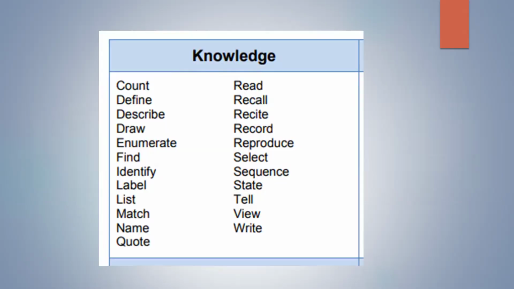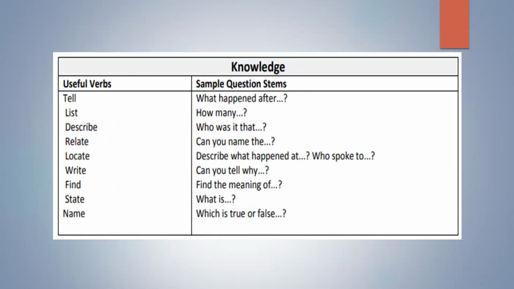So these are some examples here. Again, we have count, read, define, recall, recite, describe, draw, record, reproduce, find, select, identify, and so many more. There are so many for the knowledge you can see here.